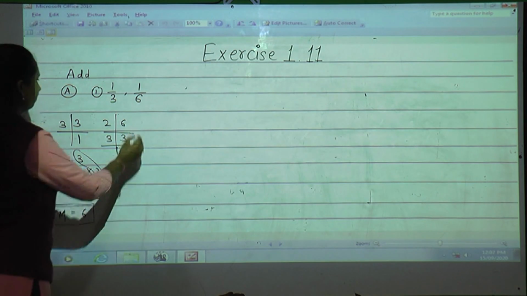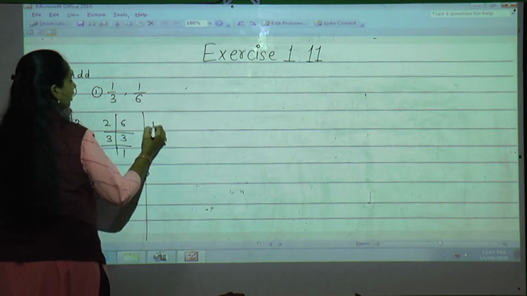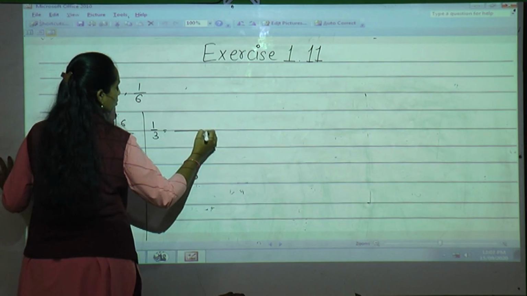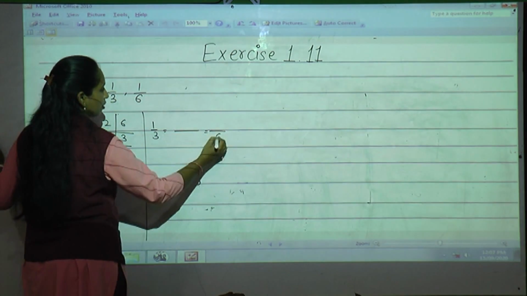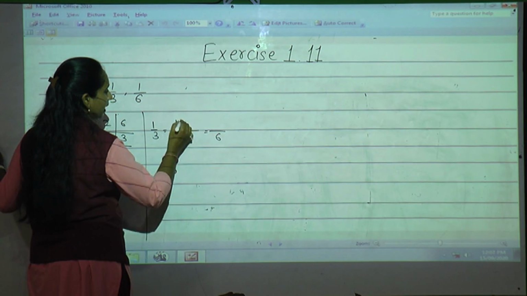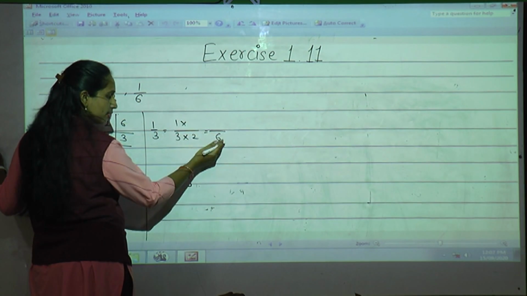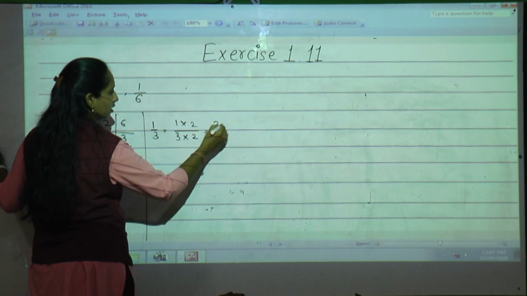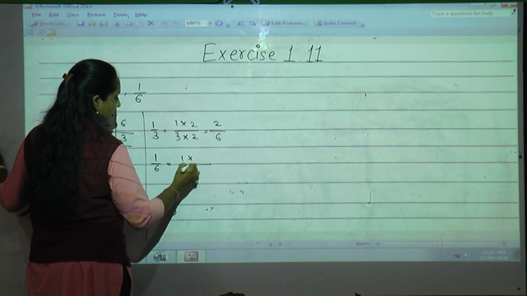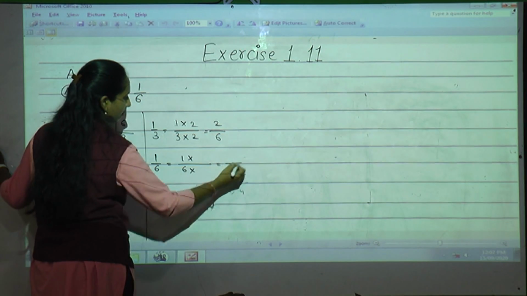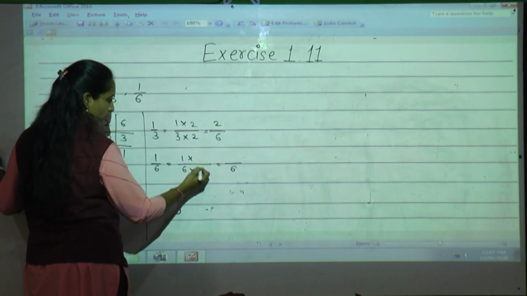Now the next step. 1 upon 3 is equal to what? What should come in the place of denominator, students? 6. So write here 1 upon 3 multiplied by 2, since 3 2s are 6. So here also 2, 1 2s are 2. The next is 1 upon 6. 1 upon 6, multiplied by, here should come 6. So 6 ones are 6.